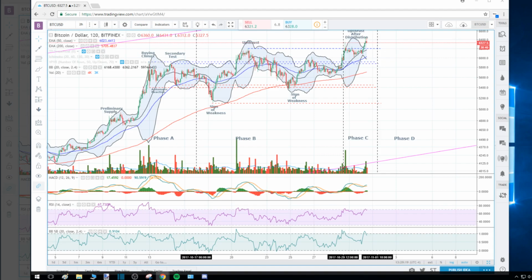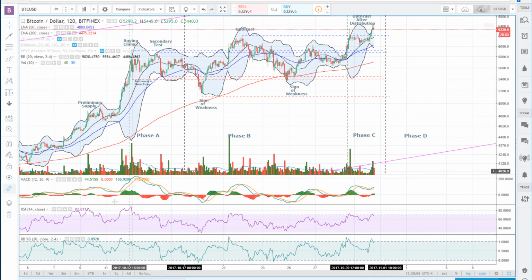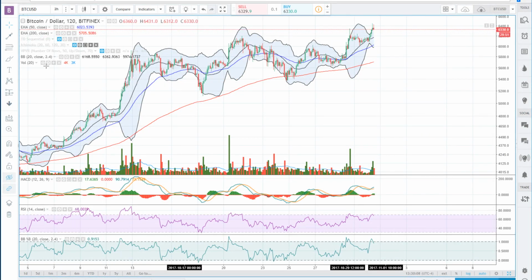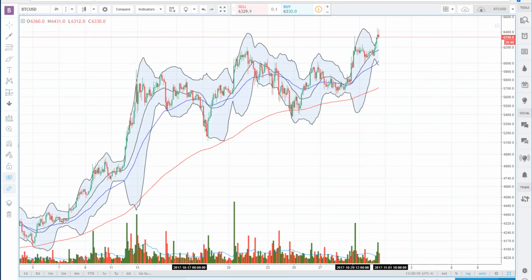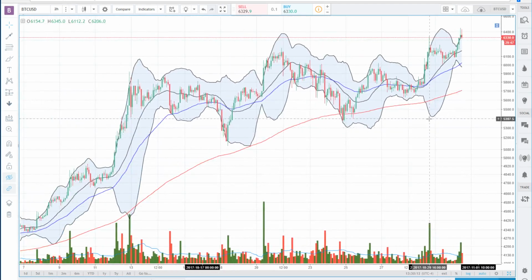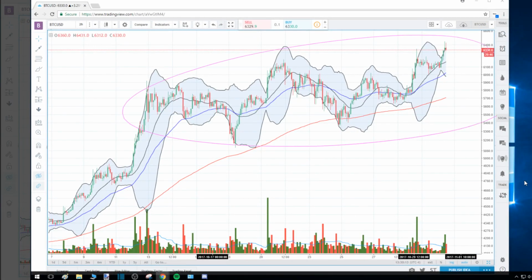And not only that, but if you look at the peaks, every time we've pushed a new all-time high, let me see if I can clean this off for you guys so you can see a little better. Every time we've pushed a new all-time high with respect to this current trend, so here's one, here's two, and here's three, the volume's been less and less every time, and this doesn't show strong market demand.